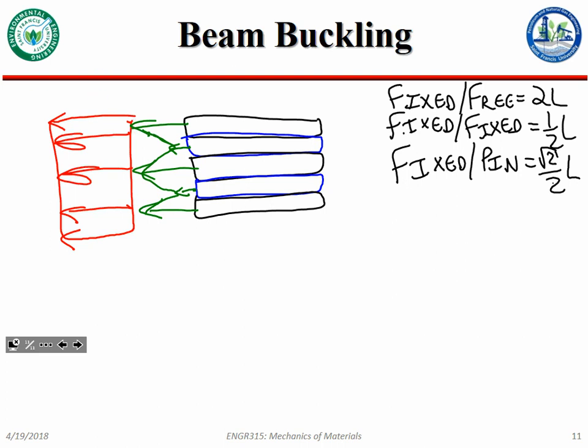Would it be stronger in that direction or 90 degrees? It depends. Put it this way: this, as pictured, is really, really weak going this way. So you might think, if this is like a fiber, it's really easy to cut a fiber. It's really difficult to pull it, right? So the only thing that's really holding this whole thing together in the perpendicular direction is the glue, which is the weakest part of the whole structure.